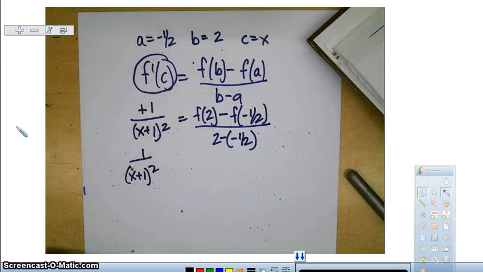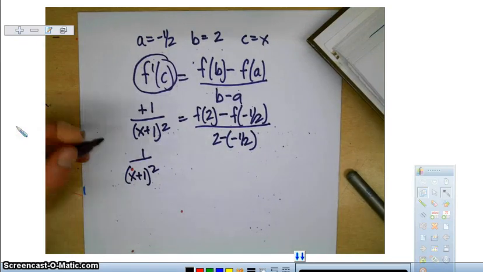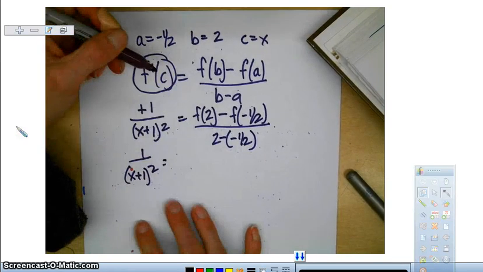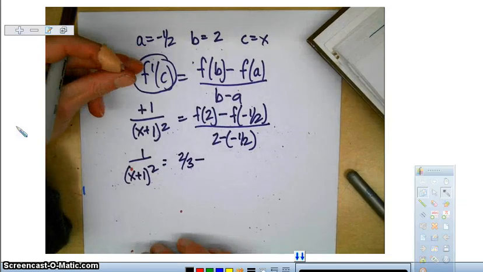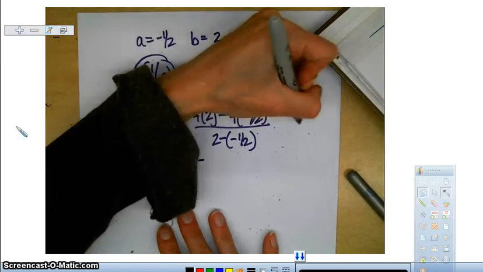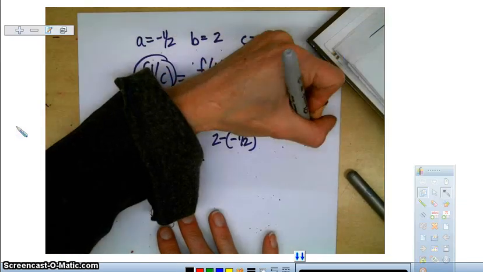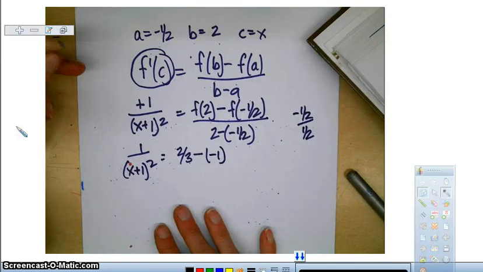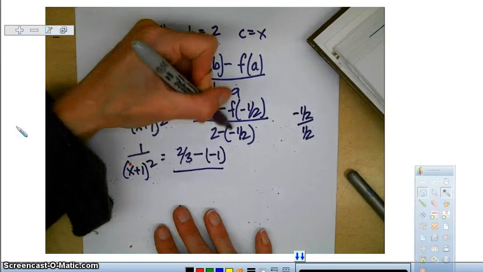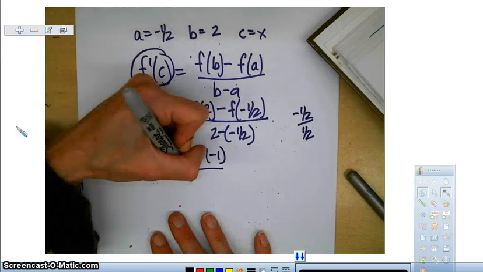So what's f of 2? Put 2 into the original function. 2/3. Now -1/2 into the original function. So let's see, that's -1/2 over 1/2, or -1. And then 2 minus -1/2 is 2.5 or 5/2.